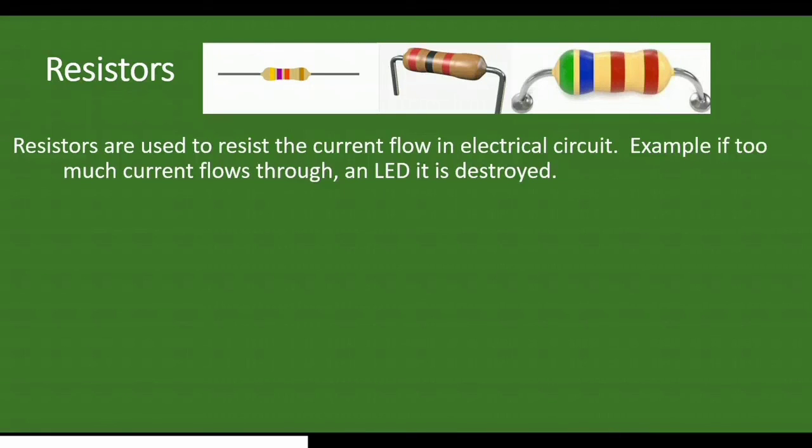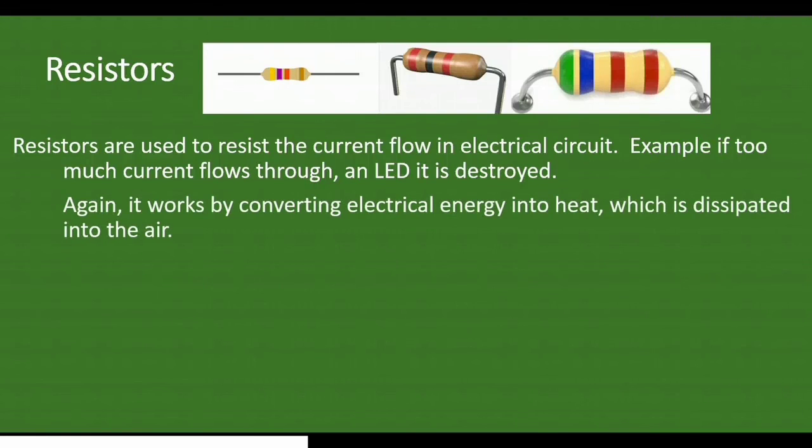Resistors are used to resist the current flow in electrical circuits. Example, if too much current flows through an LED, it is destroyed. So the main work of the resistor is to resist some of the electric flow that moves through the circuit.